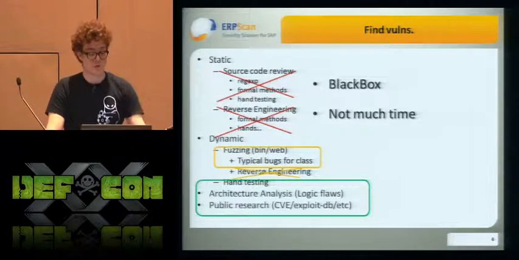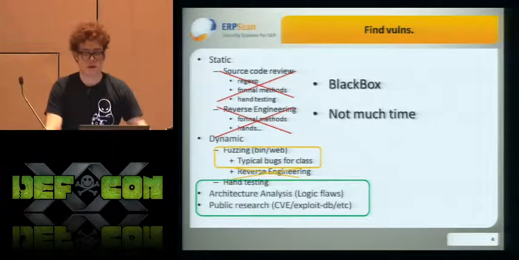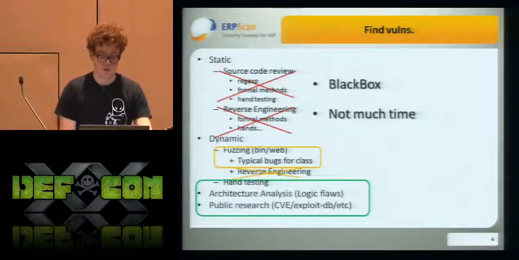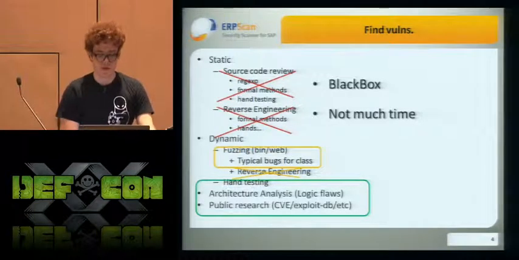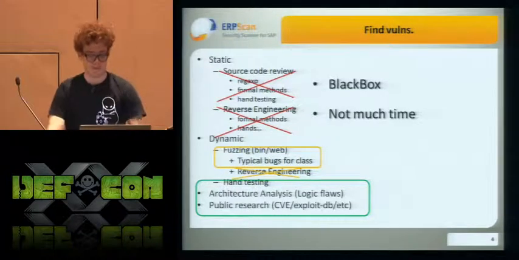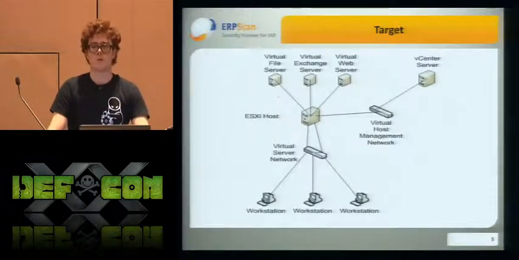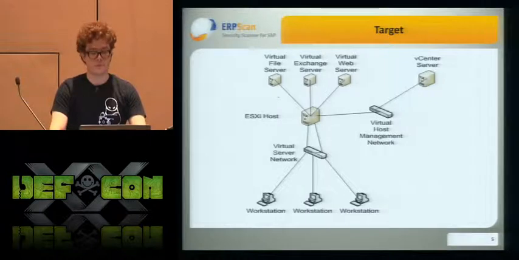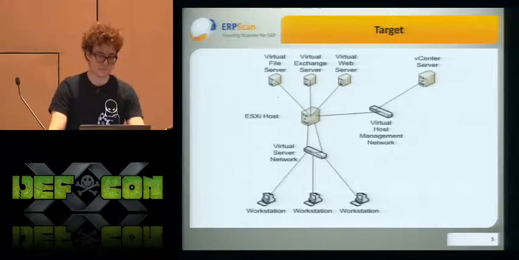I would like to show that using public research, like old bugs, old research, old information, and a little bit of analysis, we can find new bugs. One day we had a big network, and all the infrastructure was built on VMware ESXi hosts and vSphere.